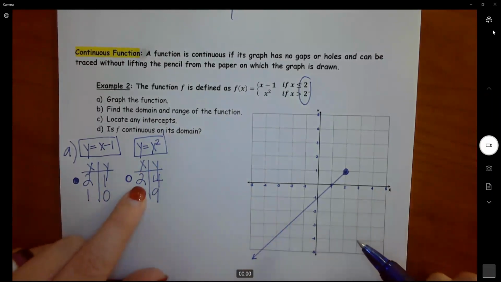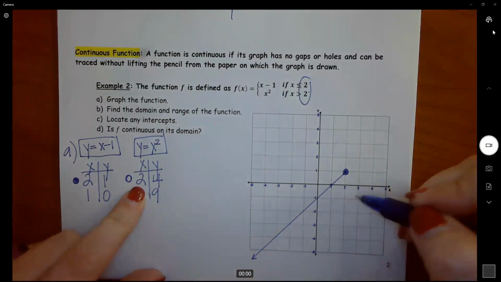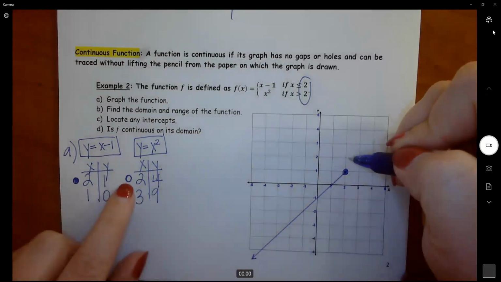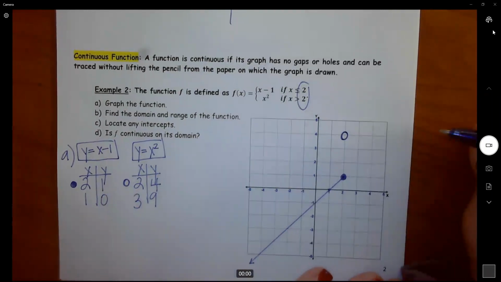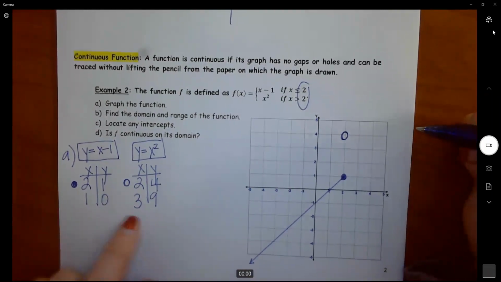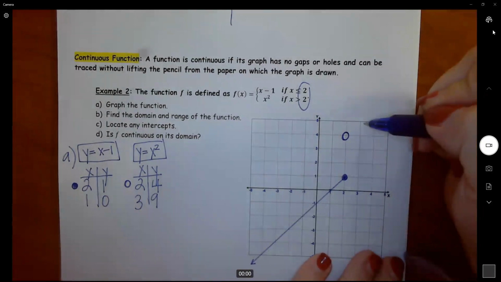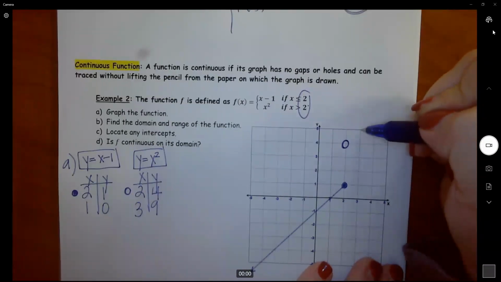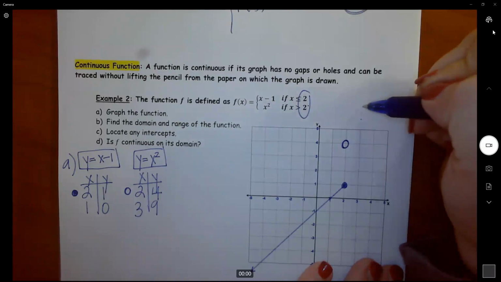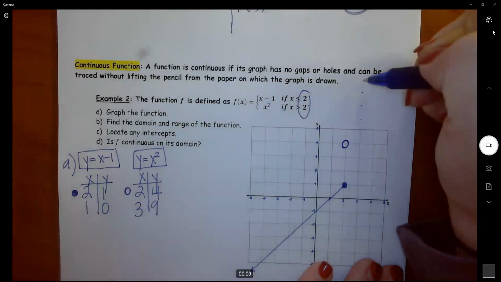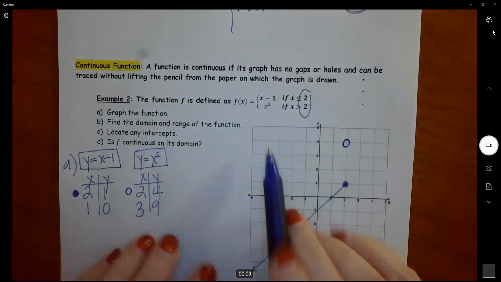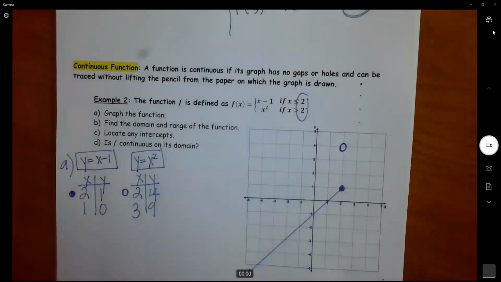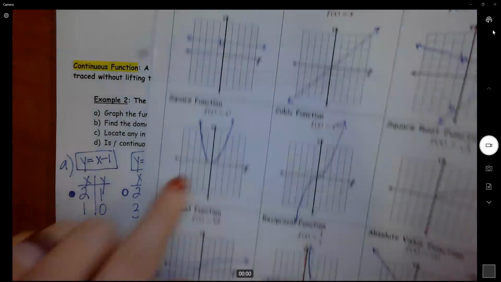So let's go ahead and plot the point that we can fit on the graph. We've got (2, 4), and I've made a note here that this needs to be an open circle. And then we have (3, 9). So I'm just going to kind of make some dots. This would have been (3, 5), (3, 6), (3, 7), (3, 8), and about (3, 9). And that x squared tells me that this is going to be a parabola with some kind of U shape.